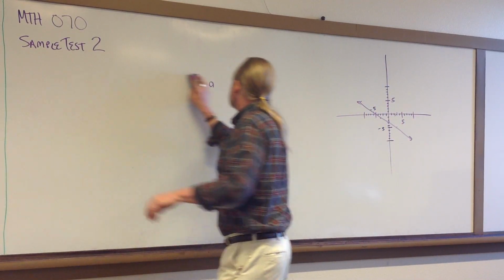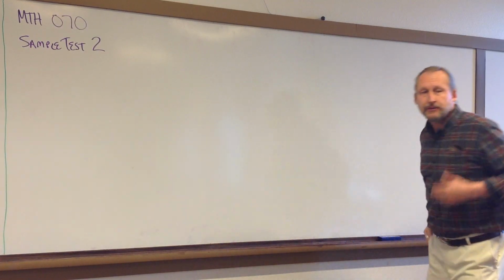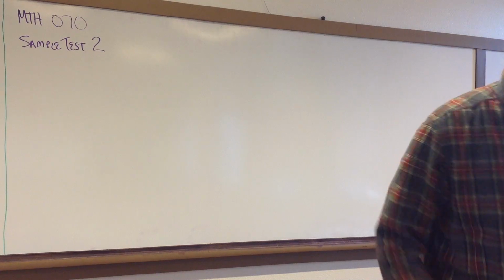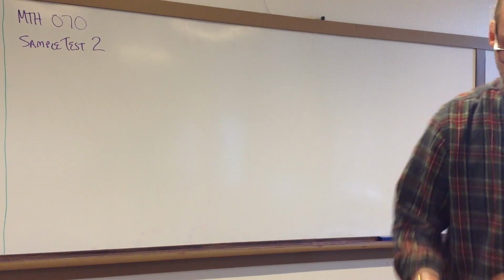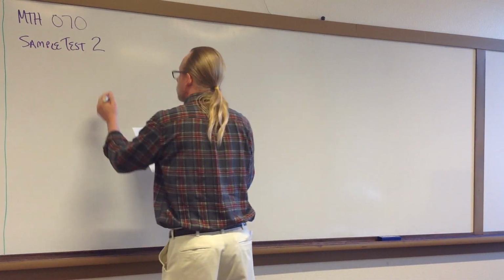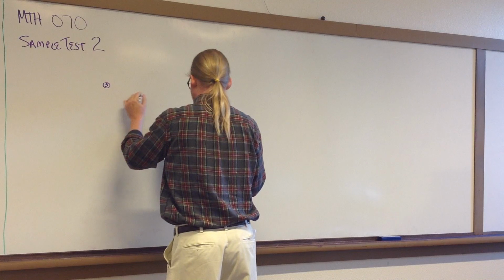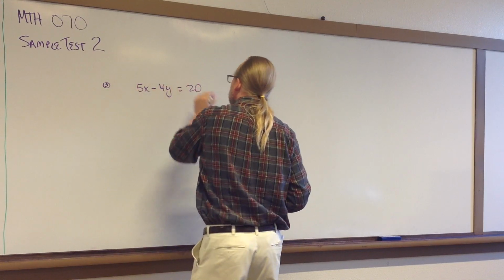Alright, let's see. Problem 3 is about the x and y intercepts. So, problem 3, find the x and y intercepts for the given equation. This one is 5x minus 4y equals 20.